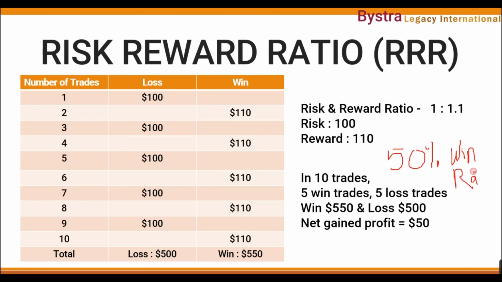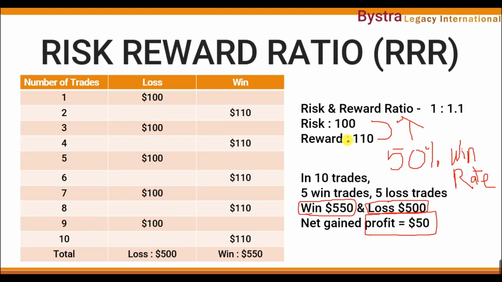A 50% win rate is actually quite good. It is considerably good enough. Why? As long as your reward is higher than the risk, then you are fine. Because when we win $550 in total, we are only losing $500. At the end of the 10 trades, we still gain a profit of $50.